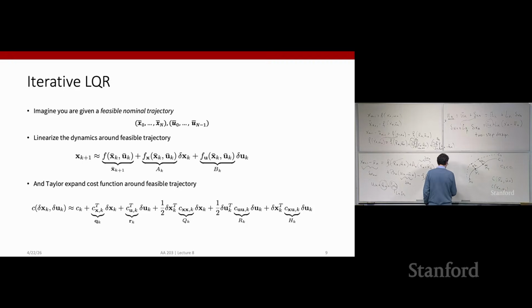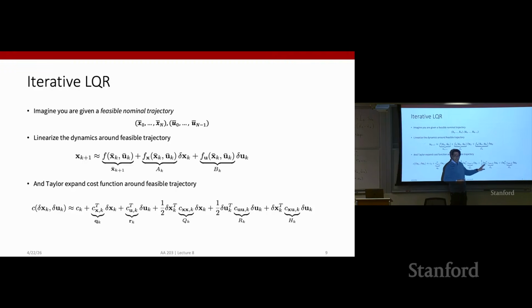So then you can write C of xk plus delta xk and C of uk plus delta uk in terms of the deviation variables only, by just using a Taylor expansion up to second order terms. So we are approximating the cost of a trajectory with respect to the nominal trajectory. Let me explain this a bit more.